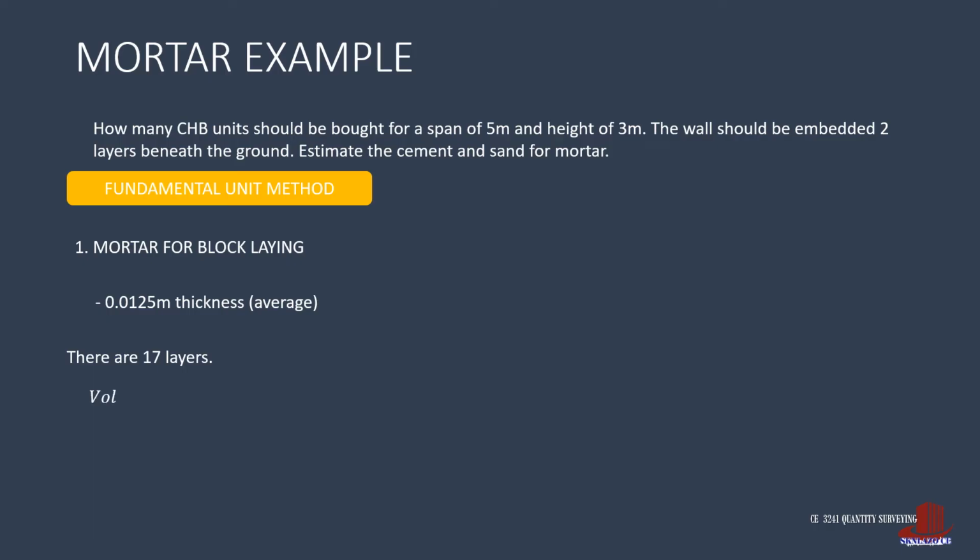The volume required, therefore, is measured as 17 layers multiplied by the volume of the mortar, which is 0.0125 thick, by 6 inches CHB, assuming we are working on a wall. And this is multiplied with 5 meters, the length of the wall, giving us the volume of 0.16 cubic meters.